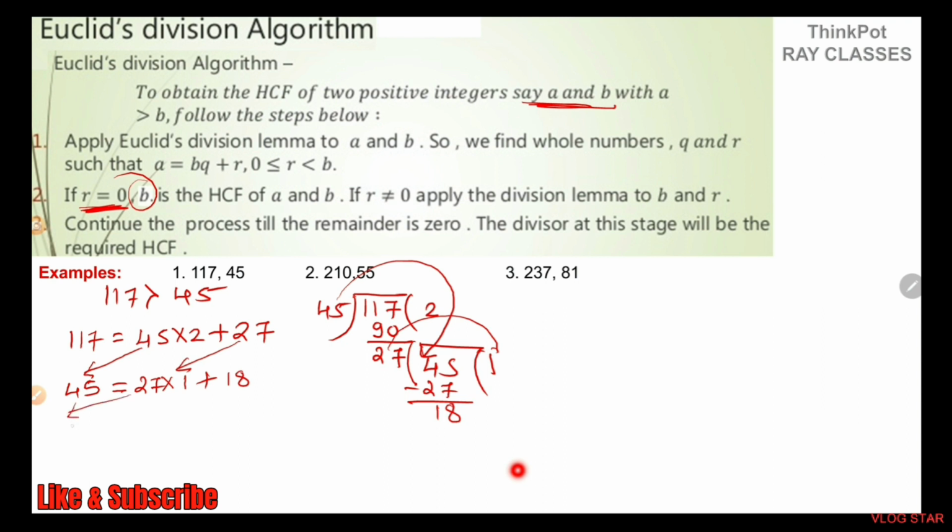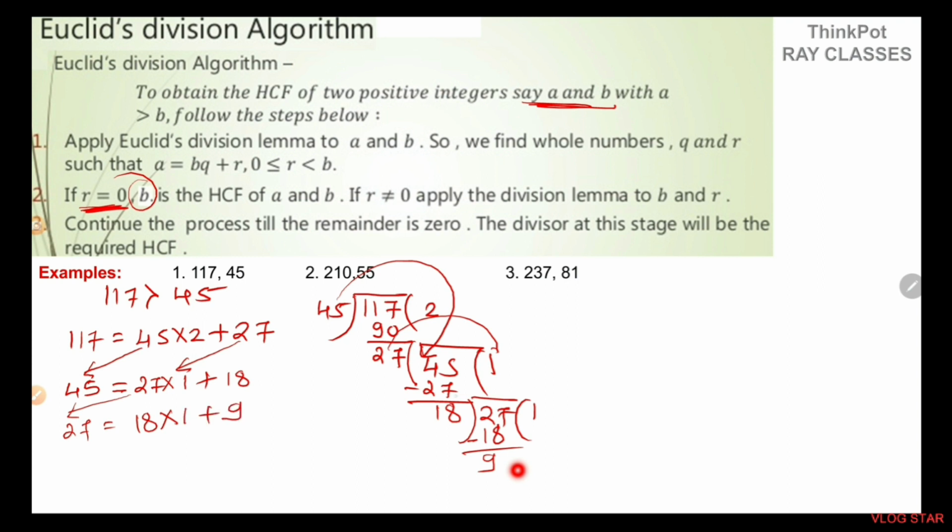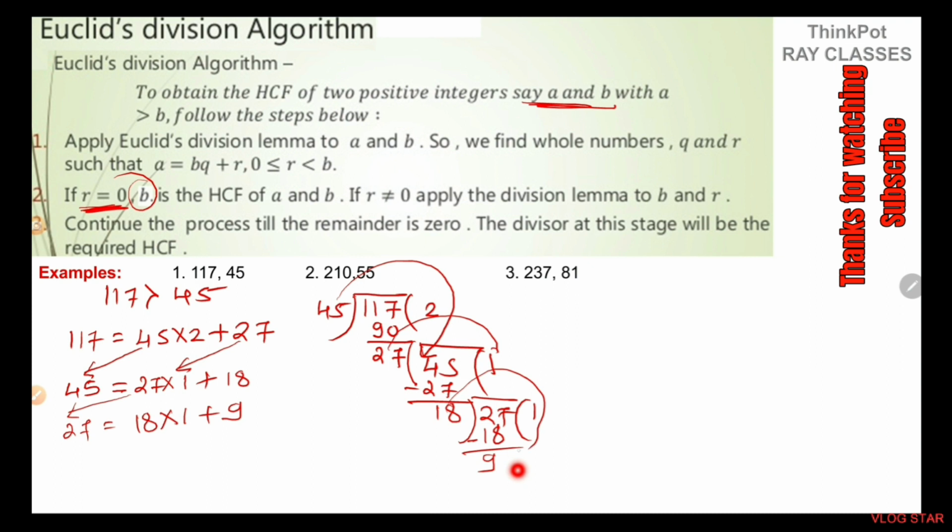Now again this number will come here. 27 is equal to 18 into, so put 27 at this place. It is one time. So 18 minus how much will you get? You will get 9. So 27 is equal to 18 into 1 plus 9. Then again you can transfer here.